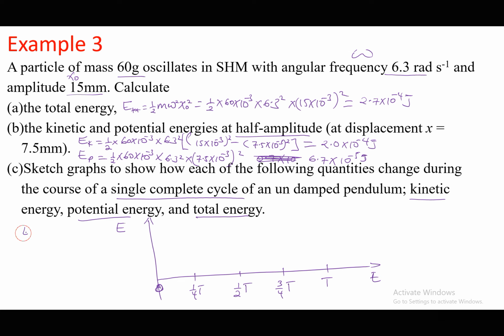If we set t equals 0 when x equals 0, that is passing equilibrium, it means kinetic energy is going to be maximum and potential energy will be 0. So I'll start with the kinetic energy. At t equals 0, x is 0, so kinetic energy will be maximum. Then it goes to 0, comes back to maximum, goes to 0, back to maximum. So kinetic energy will be like this.